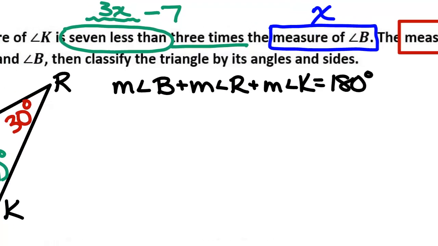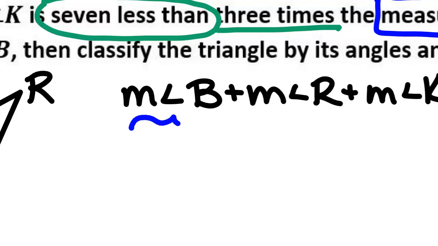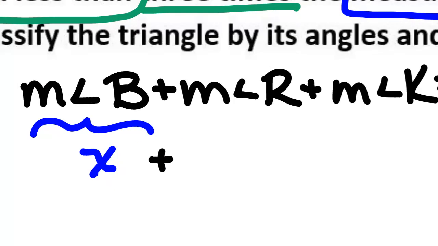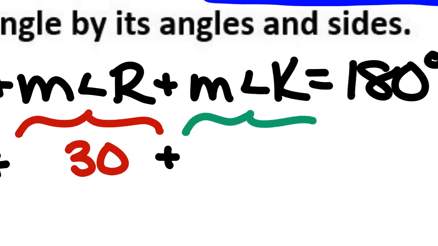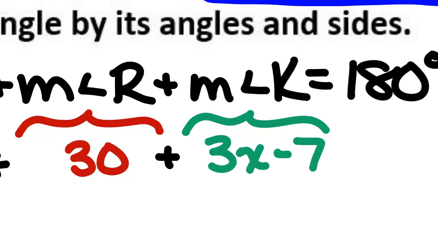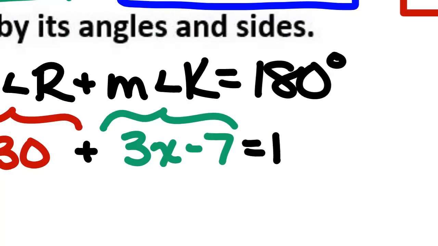Angle B is x, plus, how big was angle R? 30. Plus, how big was angle K? 3x minus 7, equals 180.